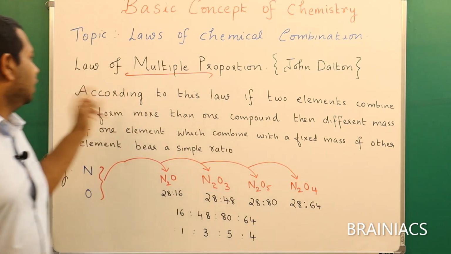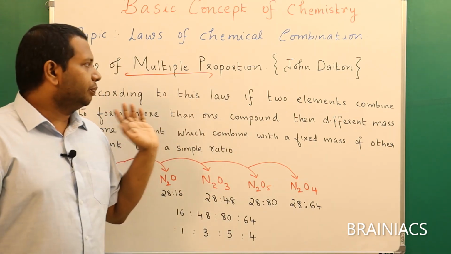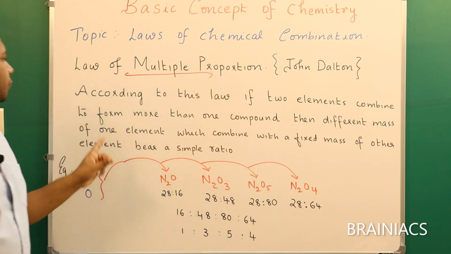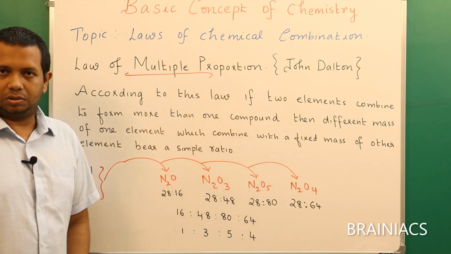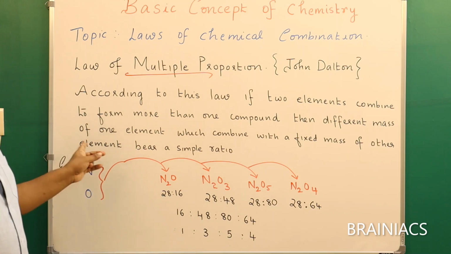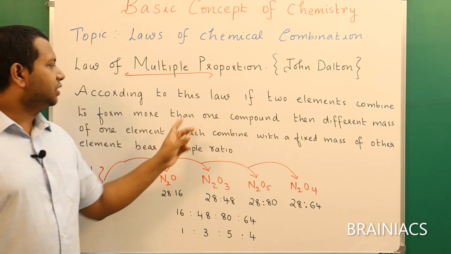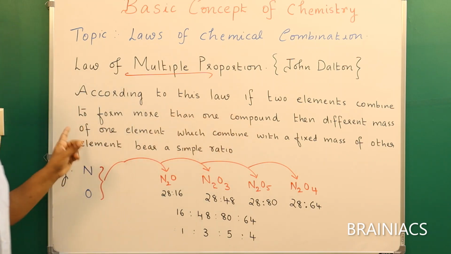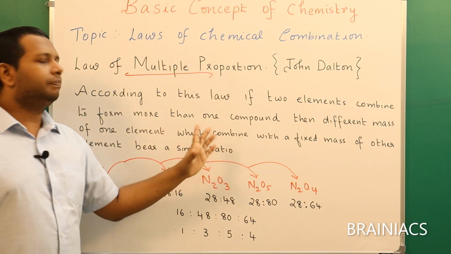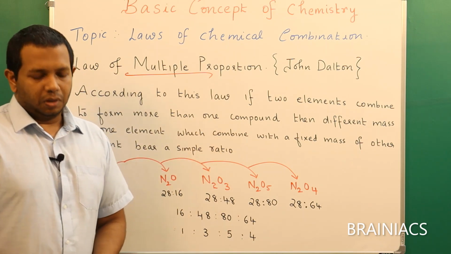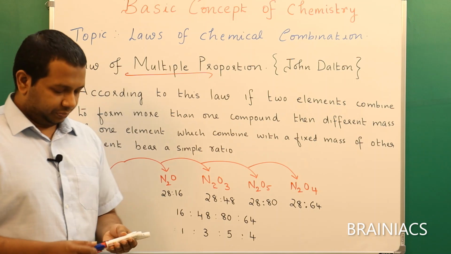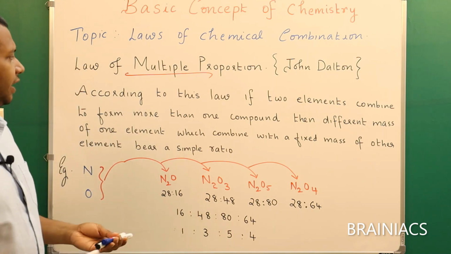According to this law, if two elements combine to form more than one compound, then the different masses of one of the elements which combine with a fixed mass of the other element bear a simple whole number ratio. This is the law. Two things to be highlighted here.